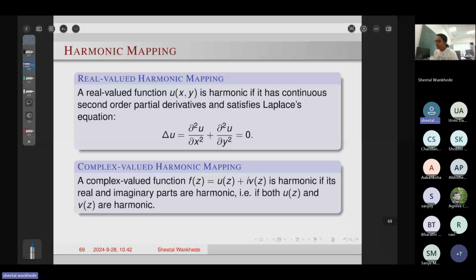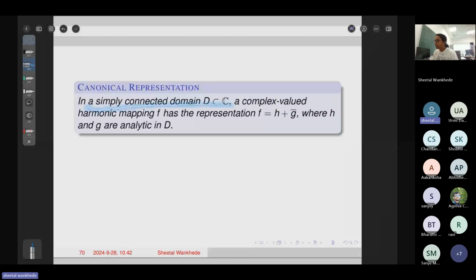Okay, so we have one canonical representation which represents the harmonic mapping in terms of analytic functions. In a simply connected domain, we can say the complex valued harmonic mapping f has this representation h plus g bar, where h and g are analytic functions.